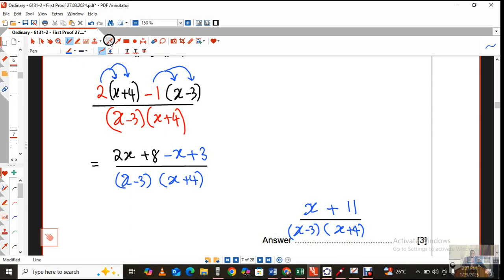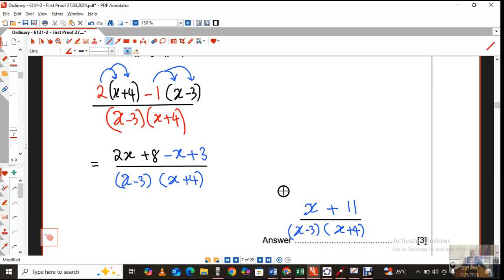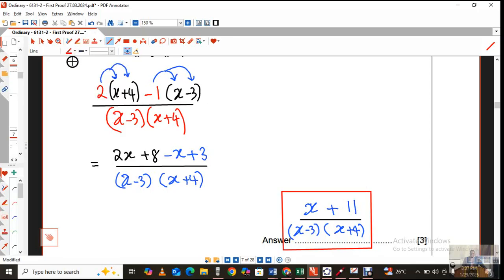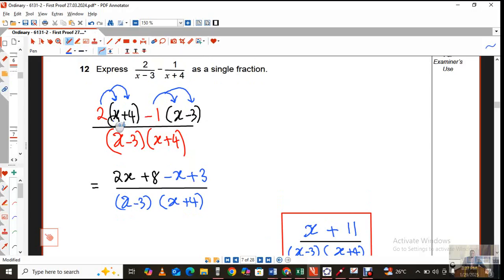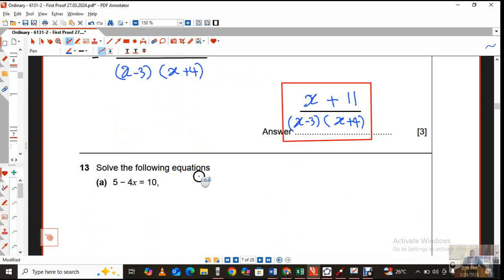Now, naturally, there will be people who would go overboard and try to multiply out the denominator, but there's no need for that. Very straightforward, very simple. All right, so that is all. You have got a little bit of expansion to do at the numerator, and if there was a term x minus 3, you would probably be factorizing it out, but that is the answer, and that's that.